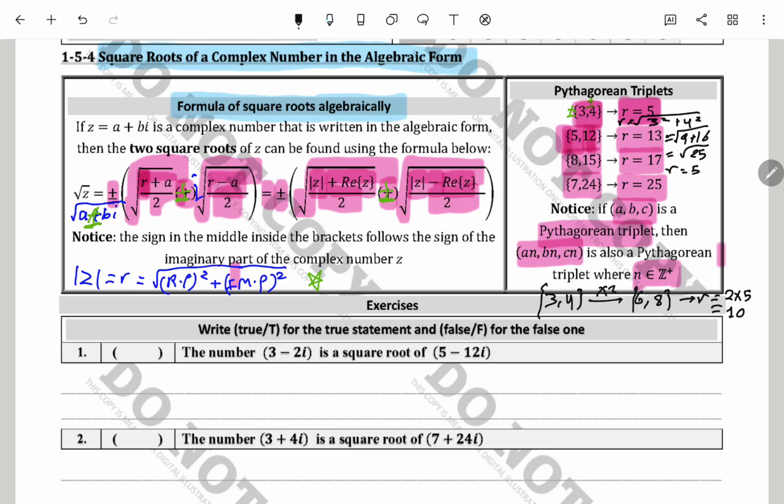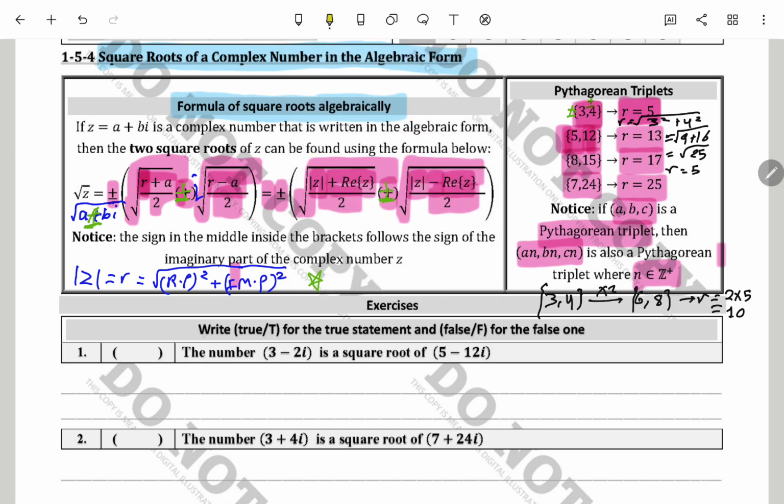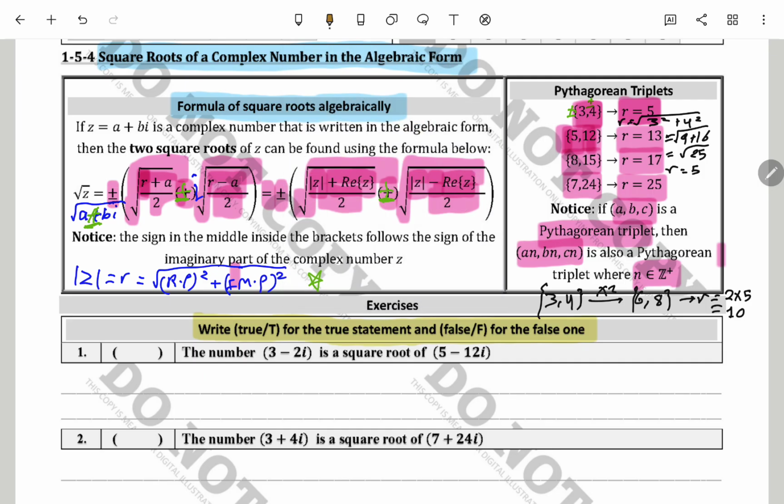Now let's apply this rule using the following exercise. The first exercise says, write true for the true statement and false for the false one. In the first one, you can see that the number 3 minus 2i is a square root of 5 minus 12i.